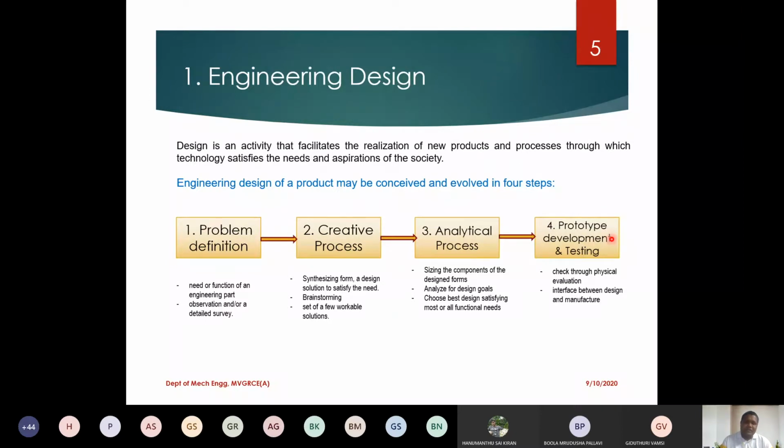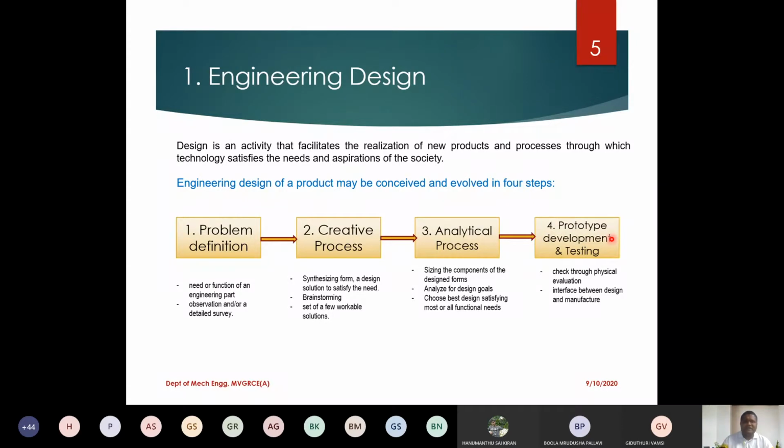Of course, there are varieties of production, mass production, batch production. Depending upon the type of production, the prototype needs to be further analyzed, or the entire process, the 3D modeling and all these analyses, would be repeated depending upon the type of production, manufacturing facilities and many other constraints that the industry has.